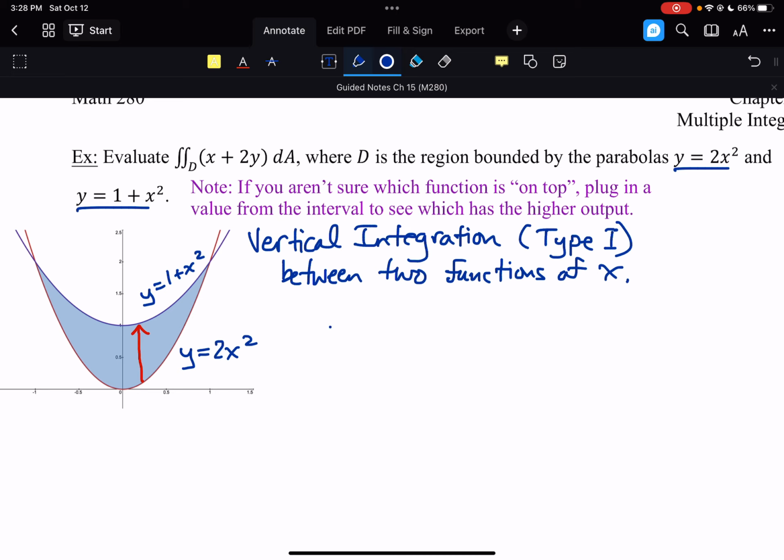So we need to get the bounds. Now the y bounds will be the functions. The x bounds, however, need to set the edge. You need to set this boundary here on both sides of the region. These are not given to us. These are something that we have to find. So we need to find the points of intersection between these two curves.